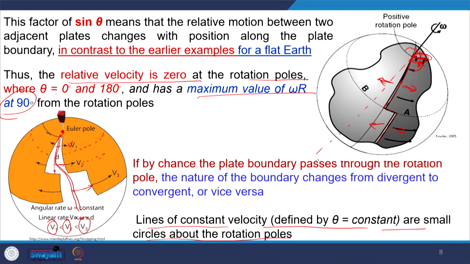So, for every theta from 0 to 90 degrees or 0 to 180 degrees, a point lying on a particular theta, that is, a particular angle with respect to the Euler's pole position, is moving at a constant rate, and that varies from 0 to 90 and 0 to 180.